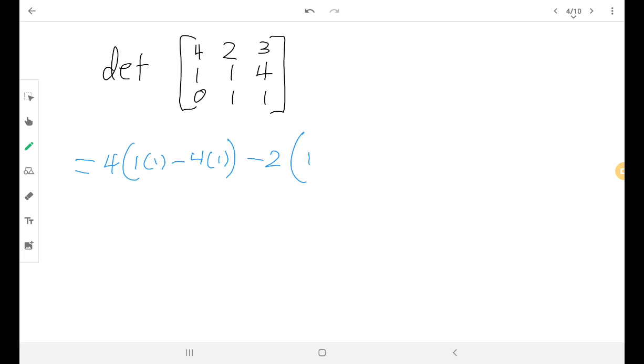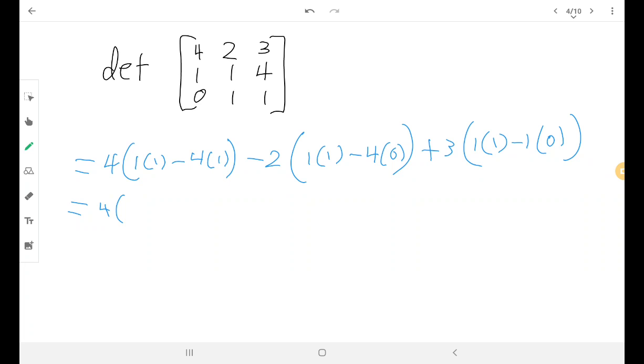So 1 times 1, minus 4 times 0, and then alternate to a plus and go to the third column, so 3 times, and then ignore that one, so that you're dealing with that 2 by 2 matrix, and 1 times 1 minus 1 times 0. And then you do all the calculations.